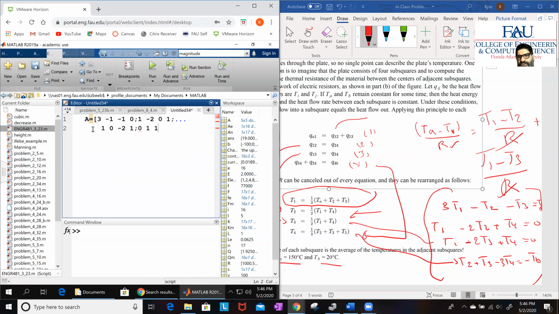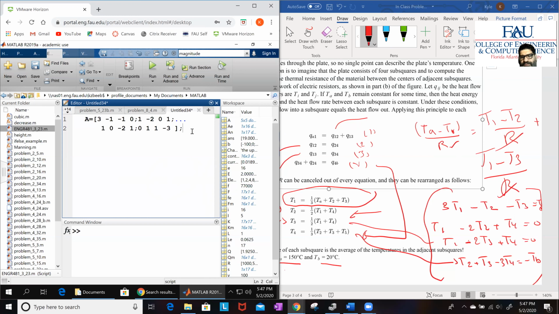So this is A. Again, this is the first equation, the second equation, the third equation, and this is the fourth equation.